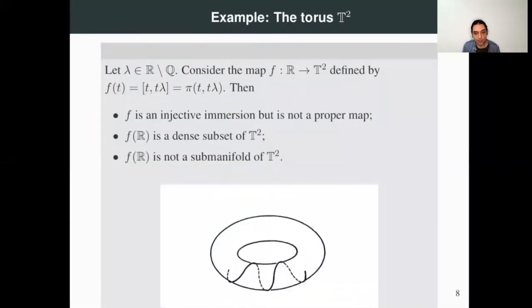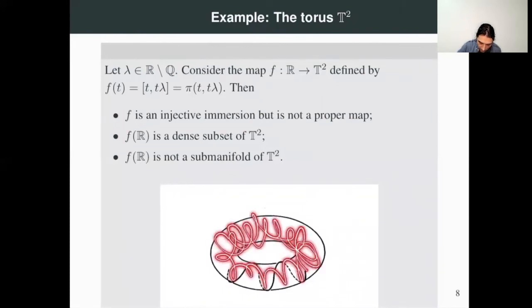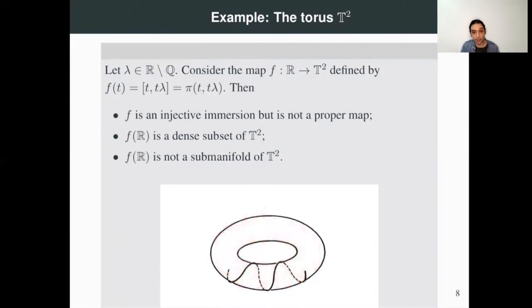Here we have a picture of what happens, but what's going to happen is that when we follow this picture, this is going to turn around in a way that it is injective, okay?